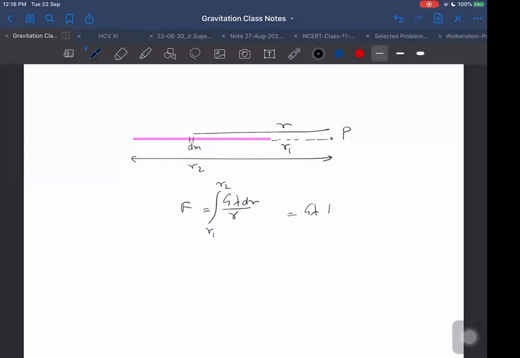That gives G lambda, then minus 1 by r, so 1 by r1 minus 1 by r2, which is r2 minus r1 upon r1 r2. Lambda into r2 minus r1 is a mass, because lambda is mass per length and r2 minus r1 is the length. So GM upon r1 r2 is not force, it is the field formula.